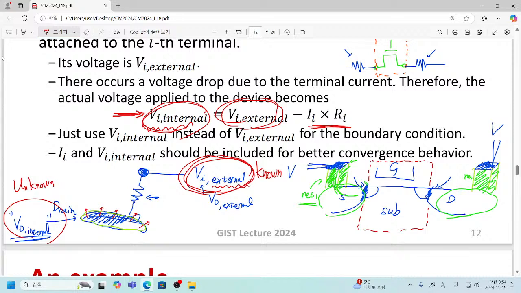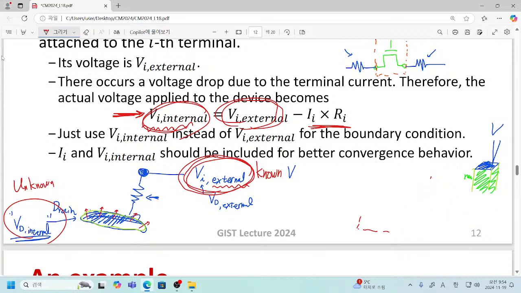So simply speaking, in this simple case where only a resistive component is attached to our internal terminal, previously we had to solve this way. Our drain internal was given as our drain external. So for example, when you apply 1 volt, then you just solve with your applied voltage as 1 volt. But now it is no longer the case.